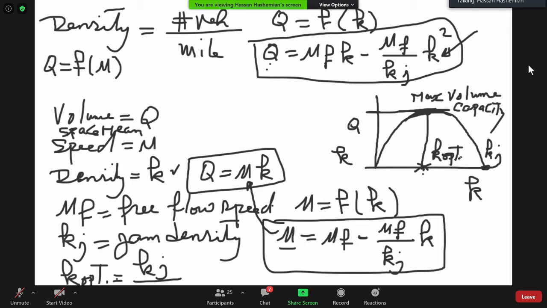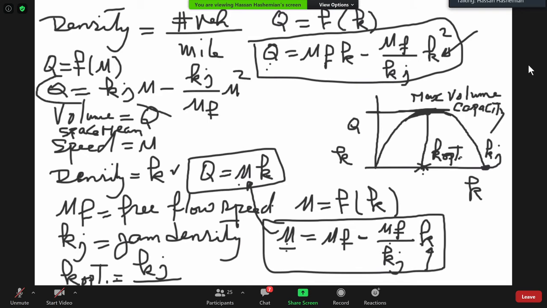Well, you do exactly what we did before. Instead of finding the mu from this equation and replacing it in Q equal to mu K, you find the K from this equation and put it here, and then you will have Q as a function of mu. So if I do that, my Q will be Kj times mu minus Kj over mu F times mu squared. So this is going to be my function.